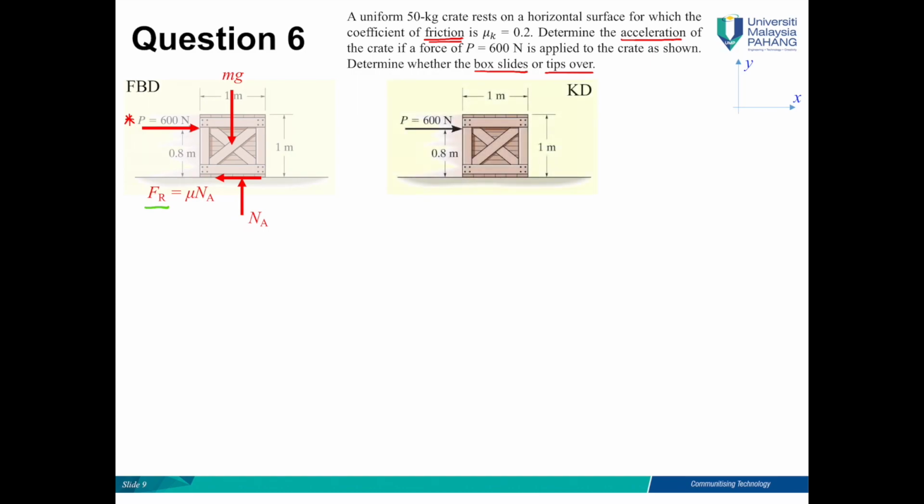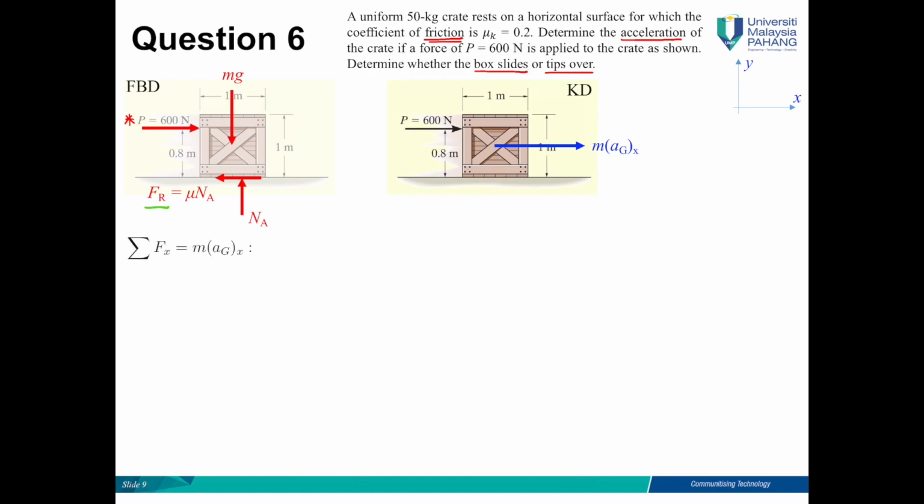Now we move on to the kinetic diagram. So assuming that the box is sliding, there will only be one arrow which is pointing to the right. So the box is not moving up and down, and the box is not rotating, assuming that it will slide.